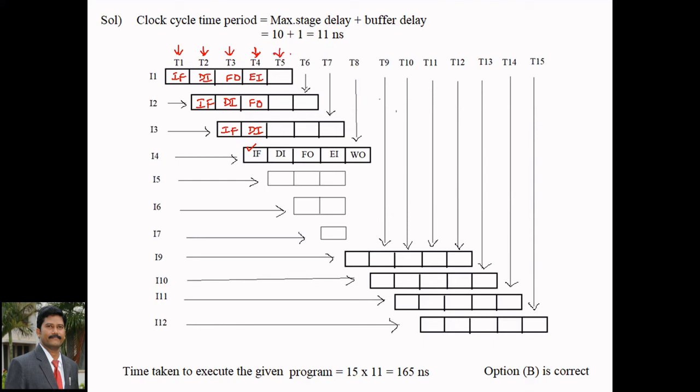At T5 what happens? I1 enters into the W stage. I1 is completed at this time, and at the same time EA is free, that's why I2 enters into the EA stage, I3 enters the FO stage, and DI is free here, so I4 enters into the DI stage.